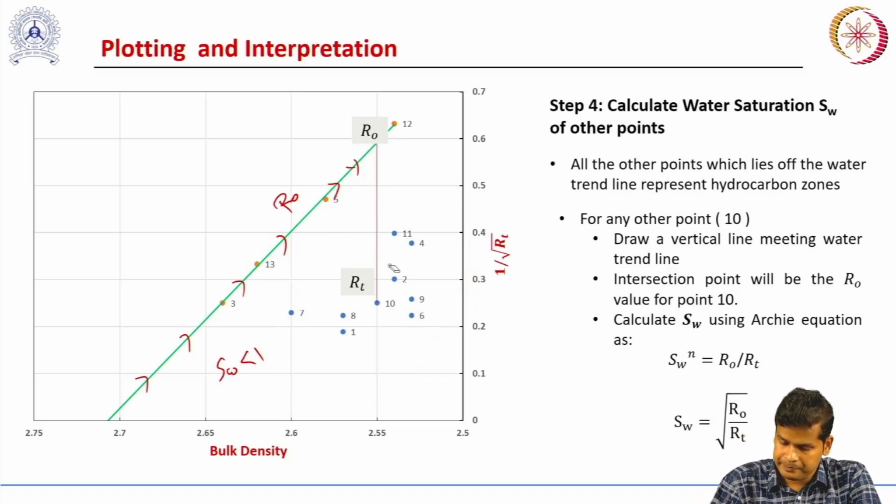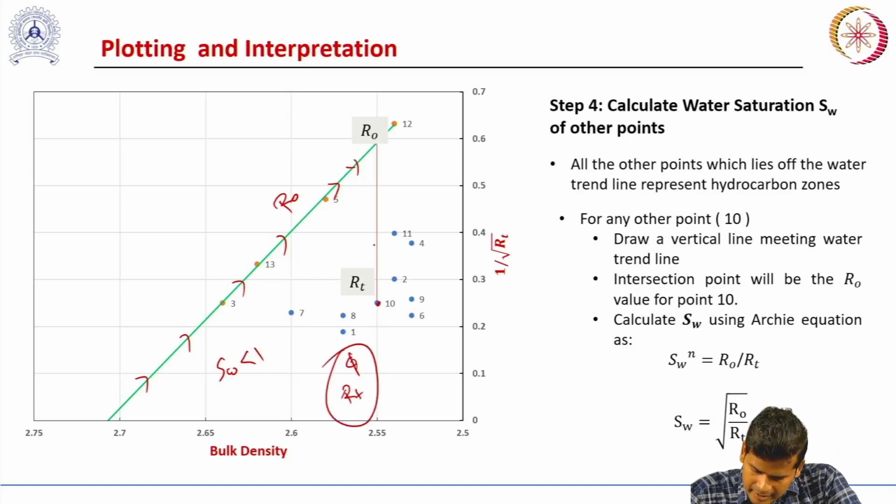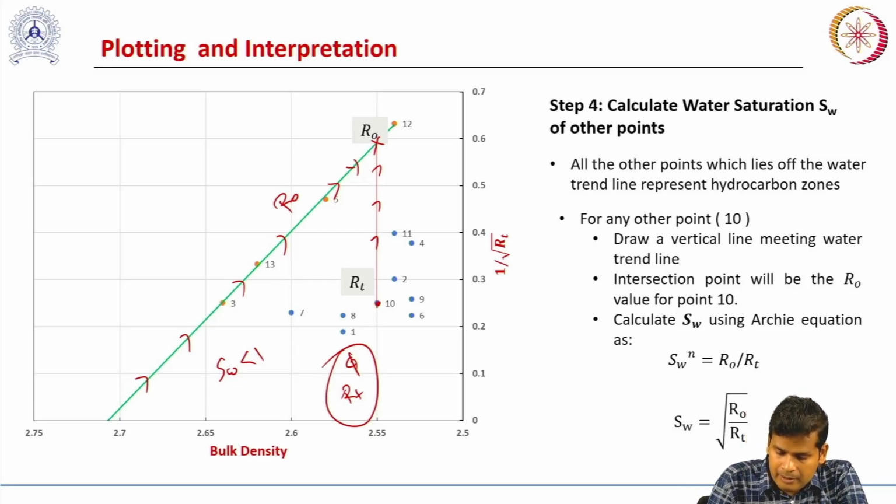For example, let's say this point 10, where we have a certain value of porosity and resistivity. I can draw a vertical line and go up towards the water trend line and find this intercept point. This rock has a particular porosity as indicated by this point.